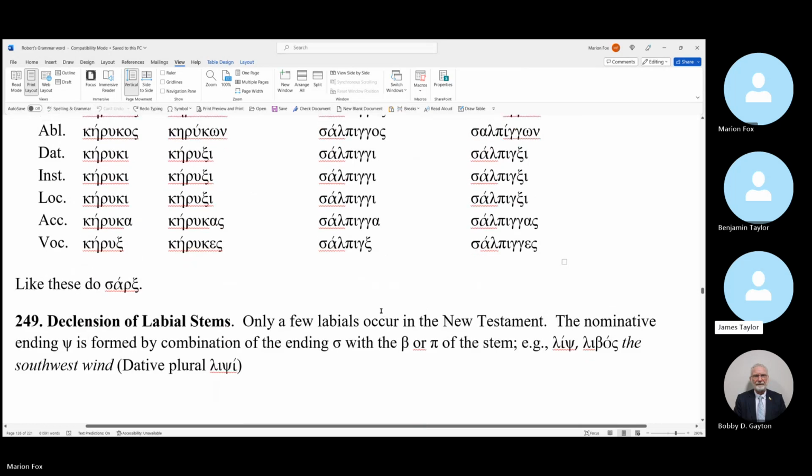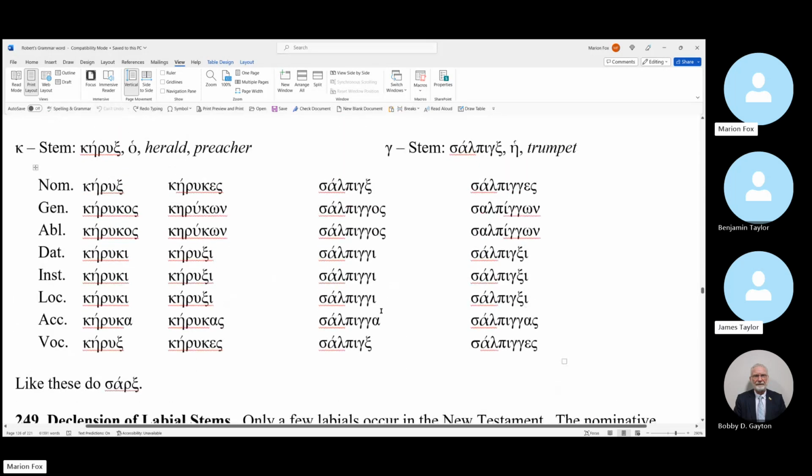Would you mind pronouncing the first one, please? The nominative singular for salpizo? Salpinks. Double gamma would be Salpingos, right? Yes. Salpingos.